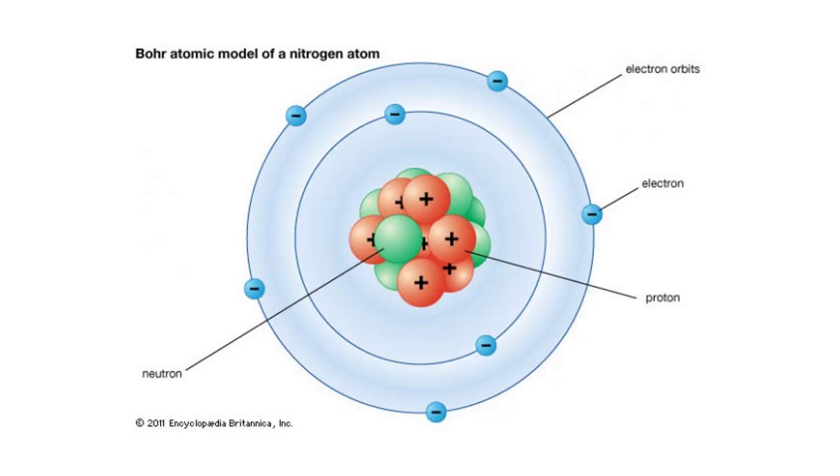Now remember that atoms have three subatomic particles: protons and neutrons, which exist in the nucleus, and electrons on the outside, which travel in something called electron orbits or electron orbitals, or electron shells.